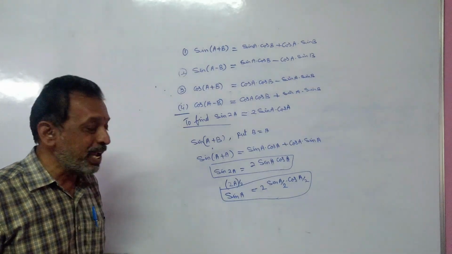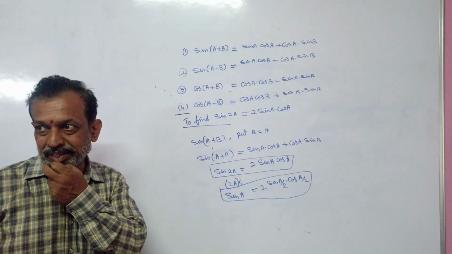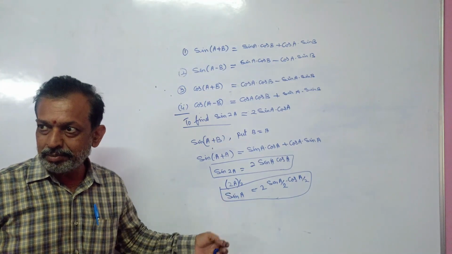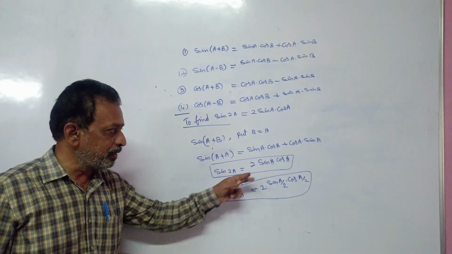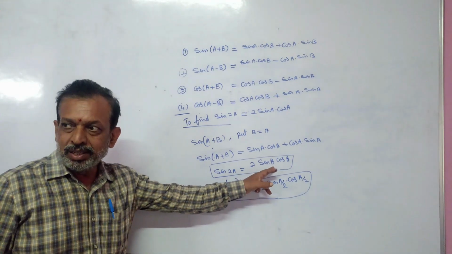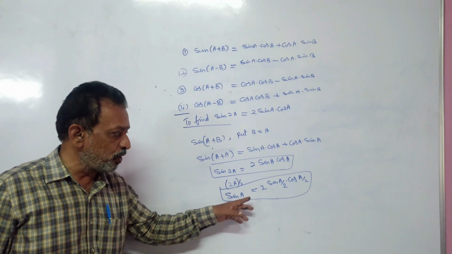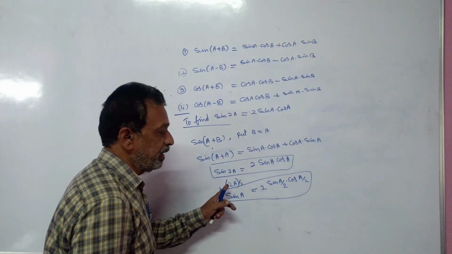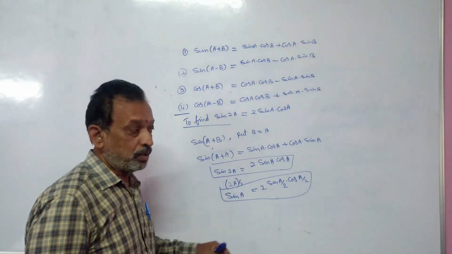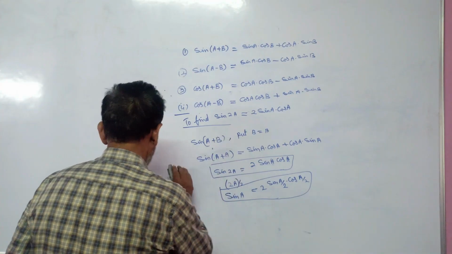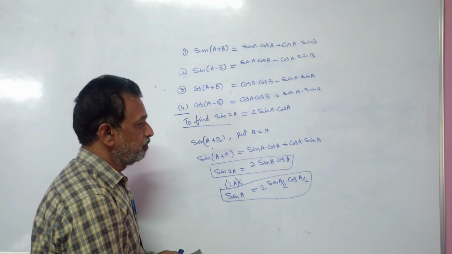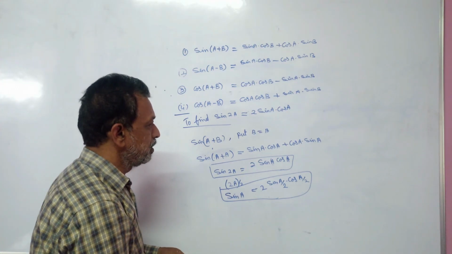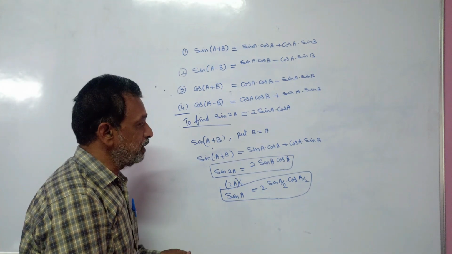But for sin 2A in terms of tan, the angle I am dividing by 2. When angle 2A is divided, this angle is also divided. So sin A is equal to sin 2A by 2.